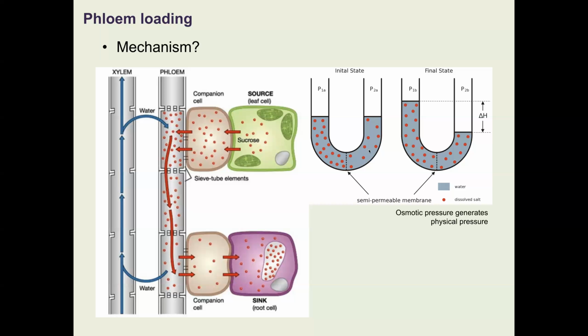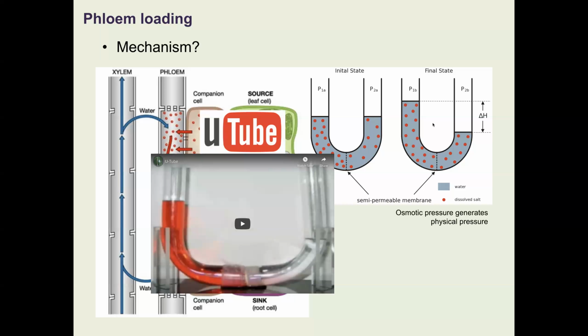It's actually going to draw the liquid in from one side, again, against gravity. So that osmotic pressure is great enough that it can actually overcome gravity to make these water levels different.